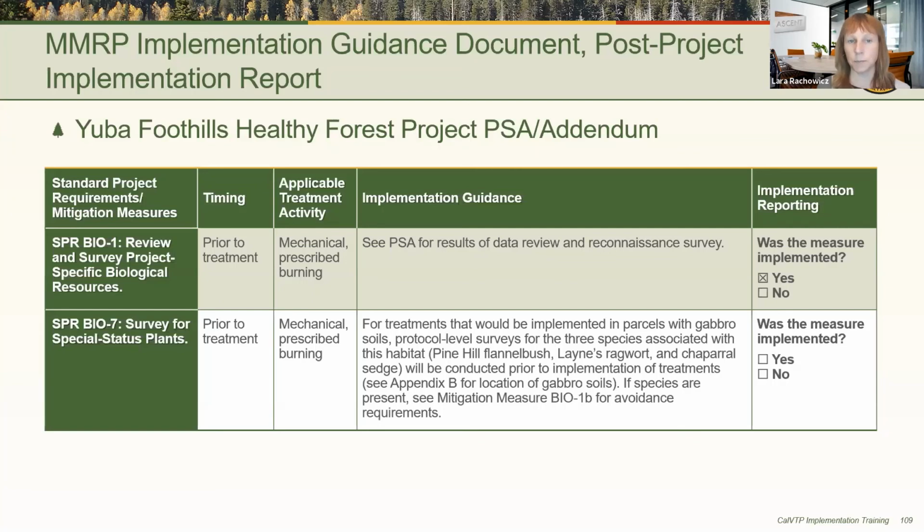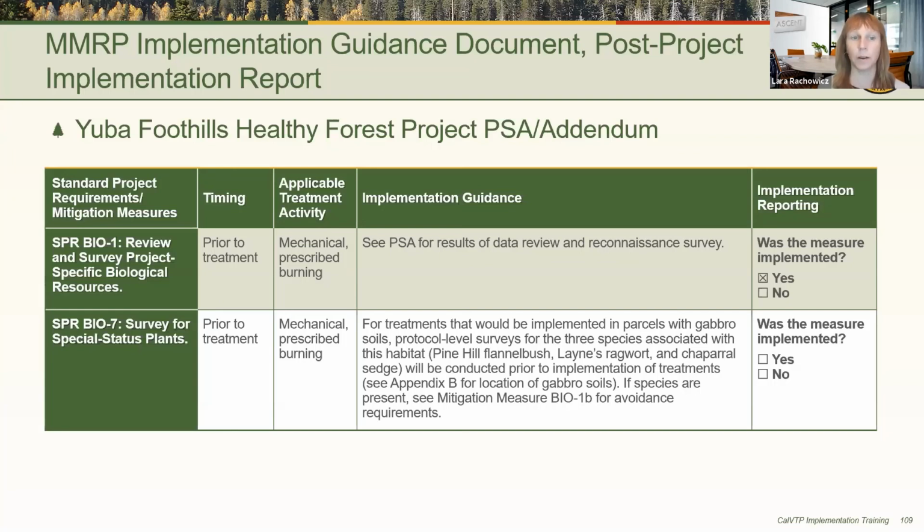The Yuba Foothills project encompasses multiple landowners, and each landowner plans to conduct a different combination of treatment activities, and their land contains different biological resources. Therefore, not all the SPRs and mitigation measures in the MMRP apply to each landowner.